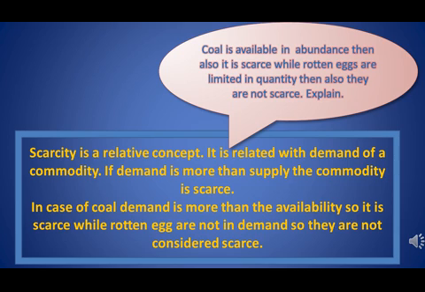While rotten eggs are not in demand, so they are not considered scarce. So even though coal is available in abundance, the demand is still more than its supply, so it is scarce. While rotten eggs are available in limited quantity, their demand is not there, so they are not considered scarce.